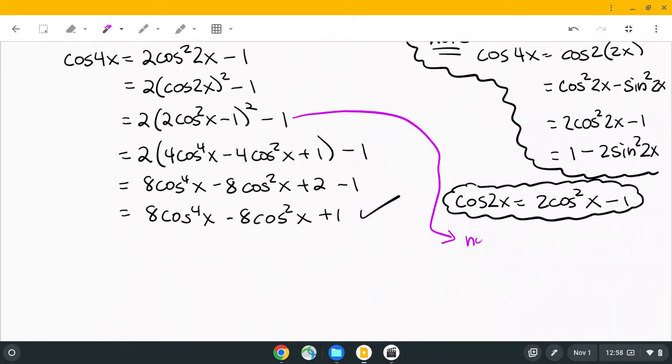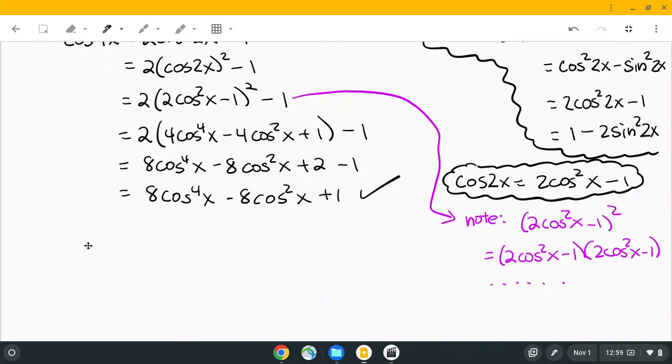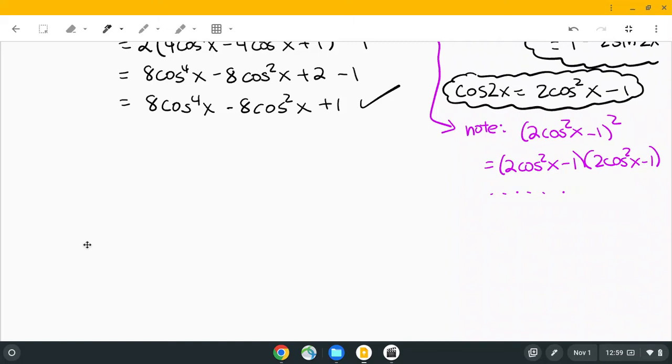Note that 2 cosine squared x minus 1, squared, is 2 cosine squared x minus 1 times itself. You should be able to multiply that on your own, combine like terms, and you'll get this trinomial right here. All right, made it through without any cursing. Good so far, at least on my end.